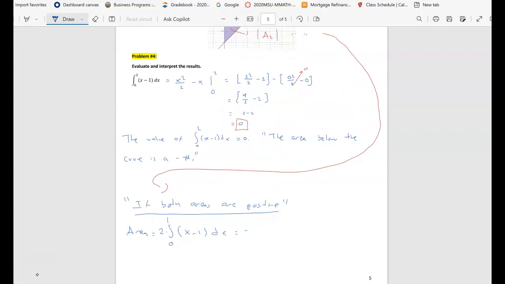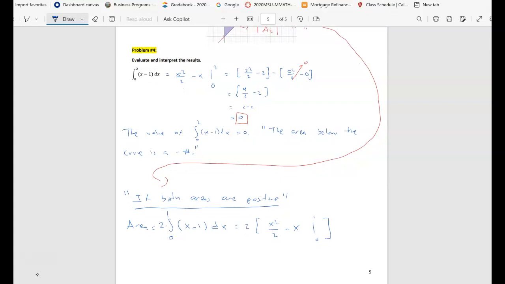So in this case, we would end up with 2 times x squared divided by 2 minus x from 0 to 1. And in this case, we're looking at 2 times 1/2 minus 1.